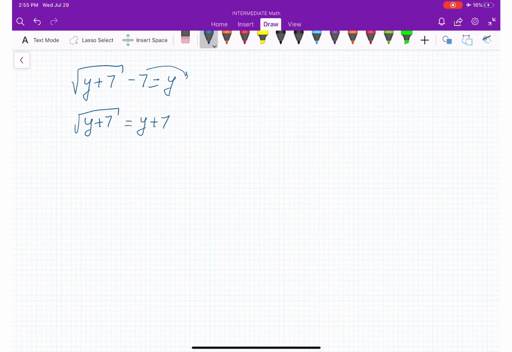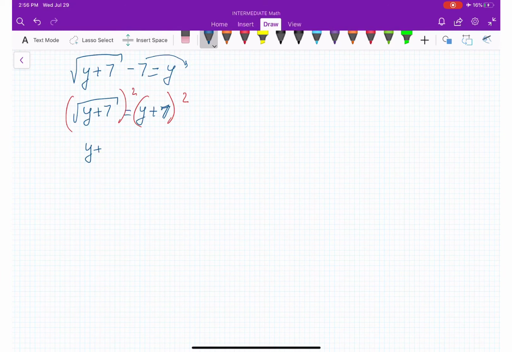I moved this negative 7 to this side. Now let's square. Again, when you square it, you have to square the whole expression y plus 7. You can't do y squared plus 7 squared. It's not going to work. It's wrong. So from the square root of y plus 7 squared, I'm going to get y plus 7.